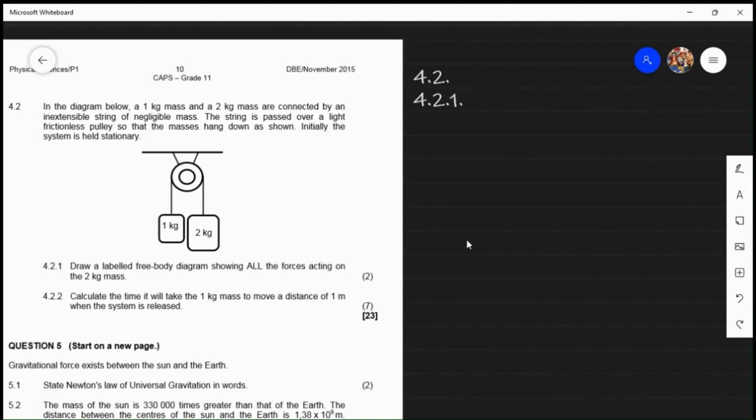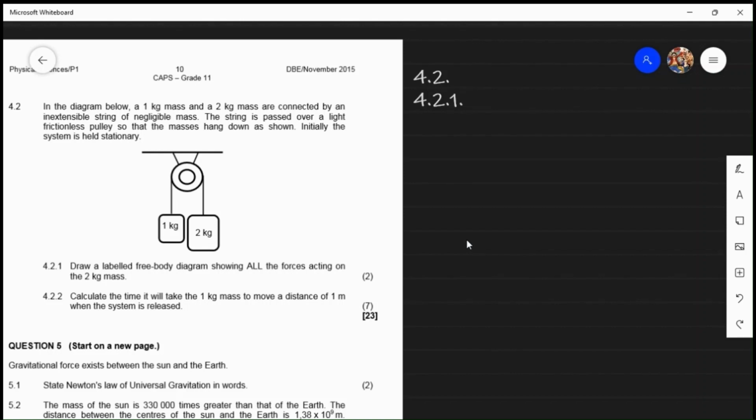Question 4.2.1. Draw a free body diagram showing all the forces acting on the 2 kg mass. Something important to take note of is that because the mark allocation is 2 marks, we only need to include 2 forces. The 2 kg mass is not on a surface, therefore it will not have normal force.